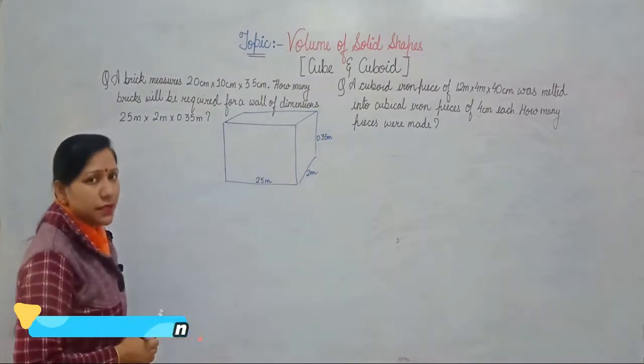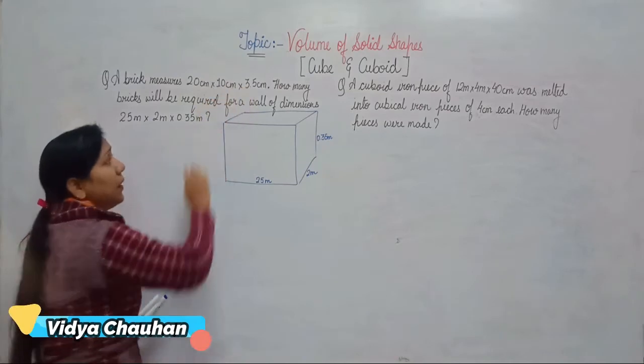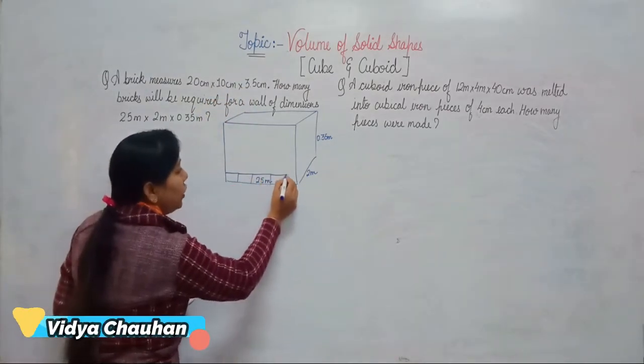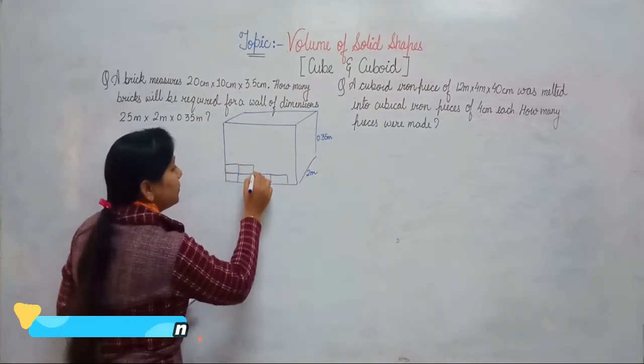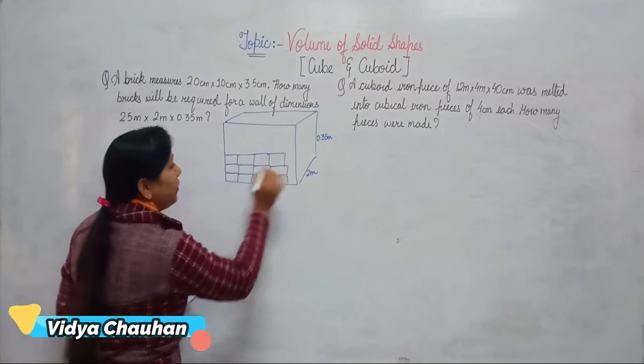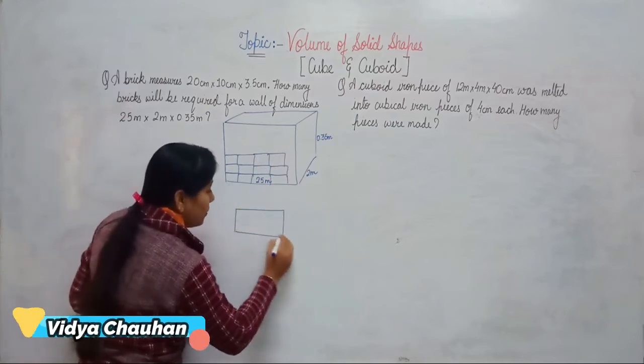Let's suppose this is our wall in which we have to put the bricks. The bricks are also in the shape of a cuboid like this. So if I talk about a single piece, that means a single brick.